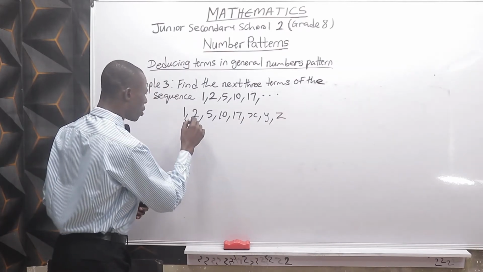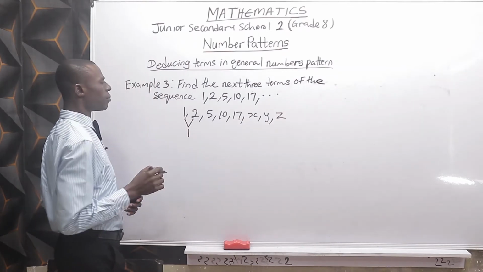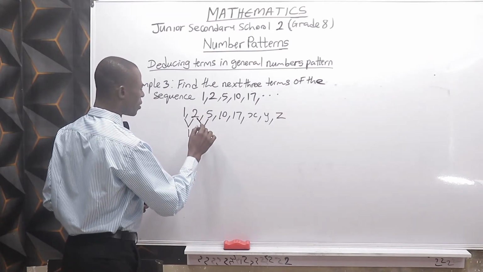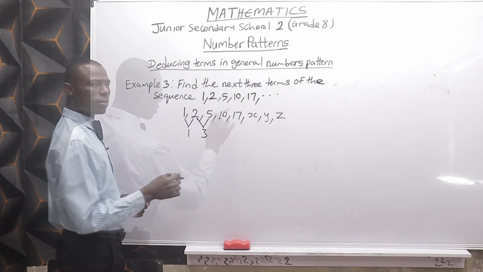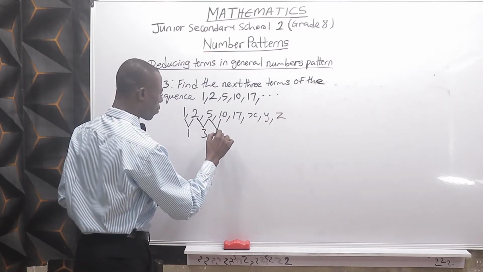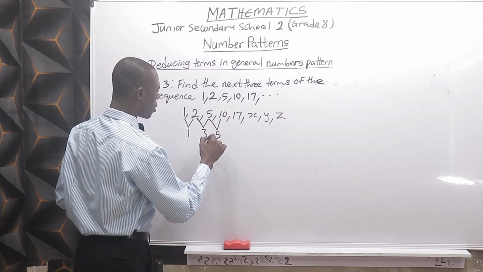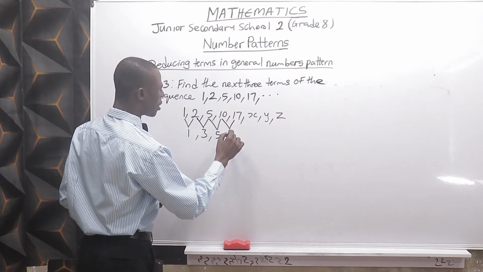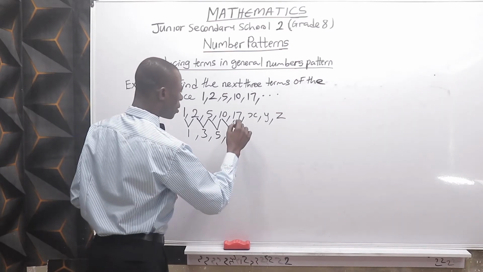Between 1 and 2, there is a difference of 1. Between 2 and 5, there is a difference of 3. Between 5 and 10, there is a difference of 5. And between 10 and 17, there's a difference of 7.